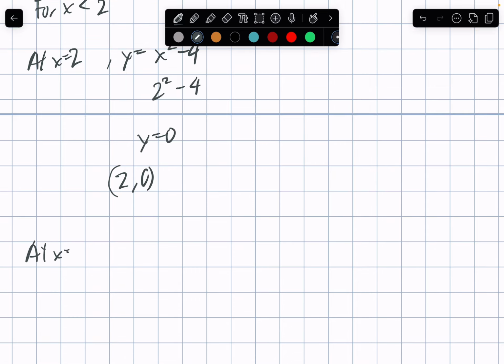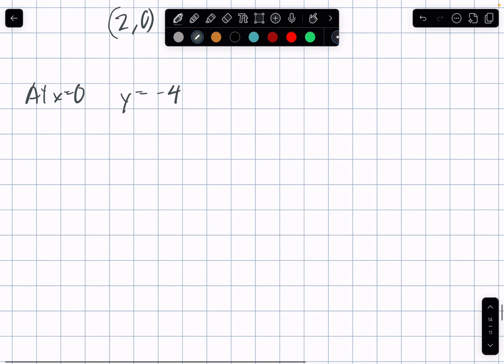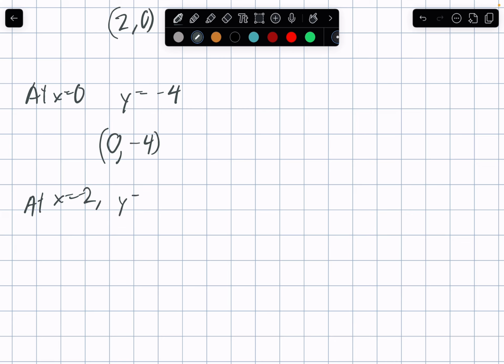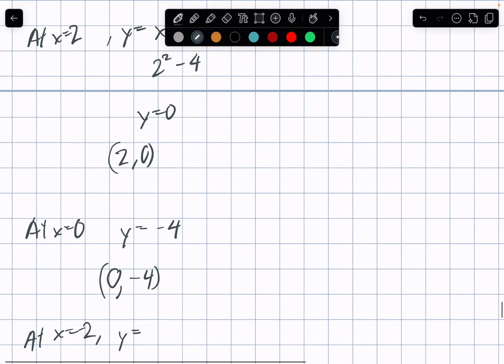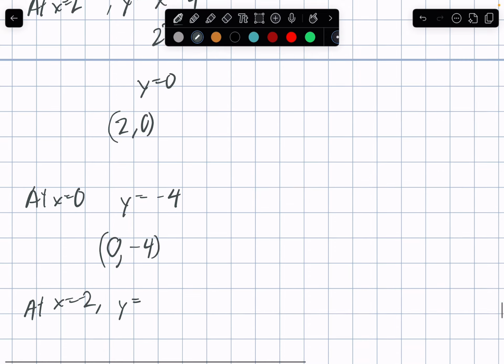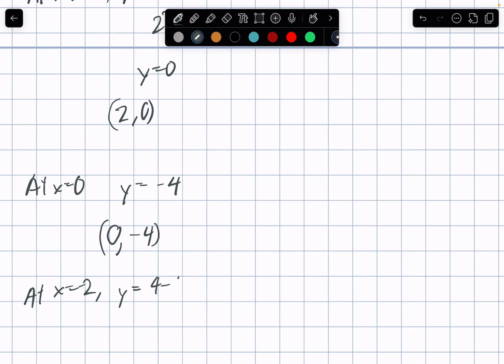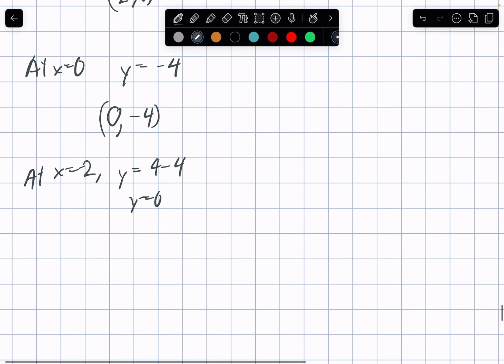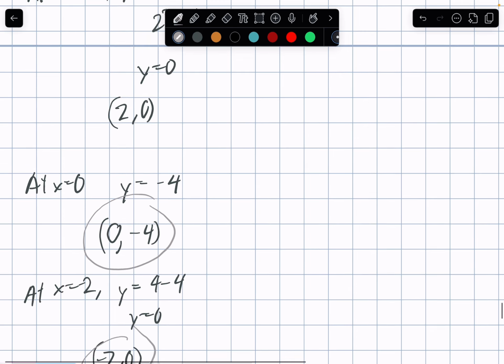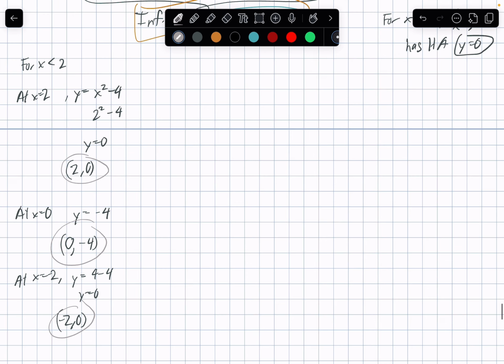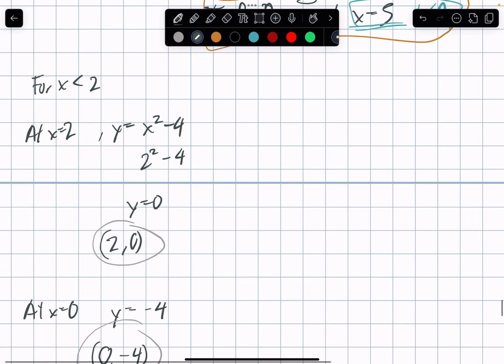Let's say at x is equal to 0, y is equal to 0 squared minus 4, negative 4. So (0, -4). At x is equal to negative 2, y is equal to 4 minus 4, y is 0. So (-2, 0). So those are 3 points.